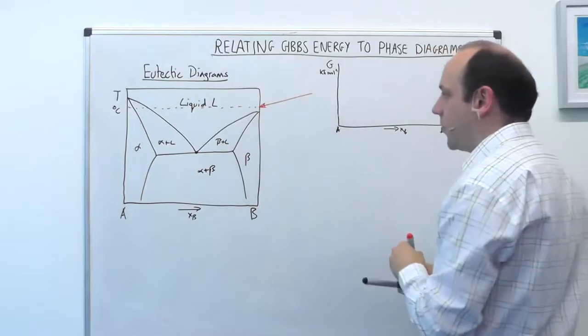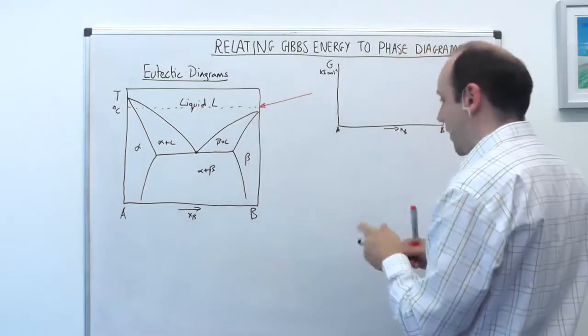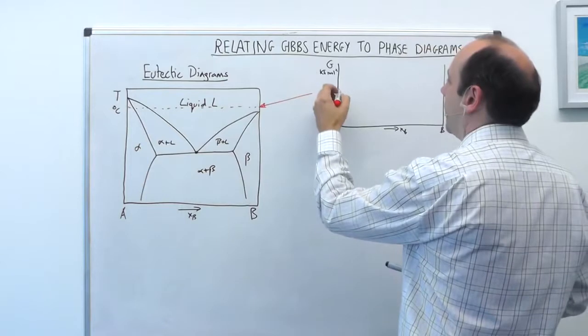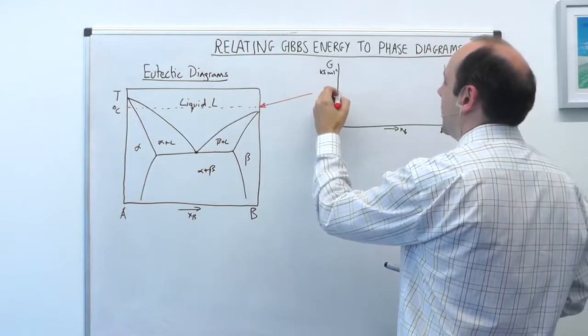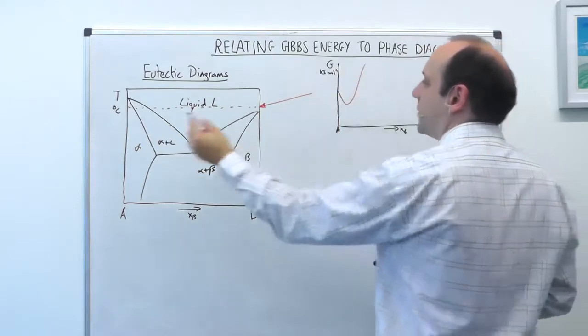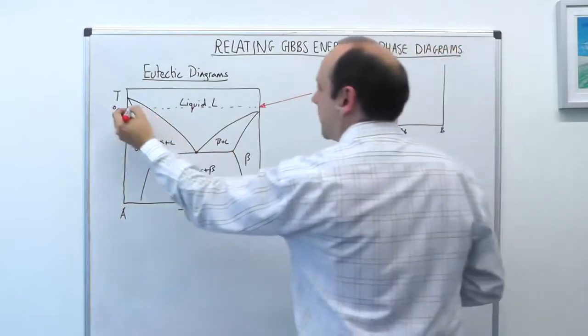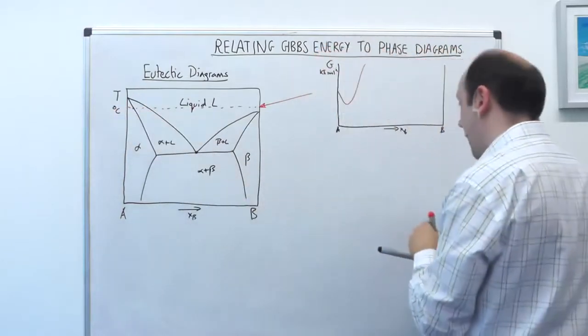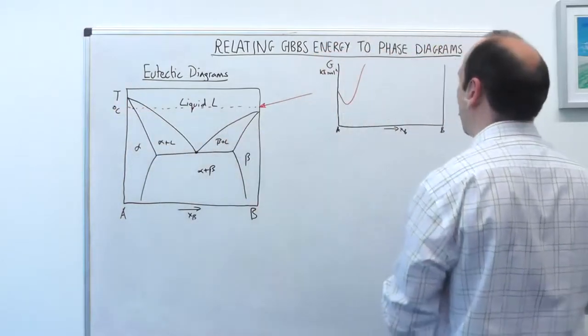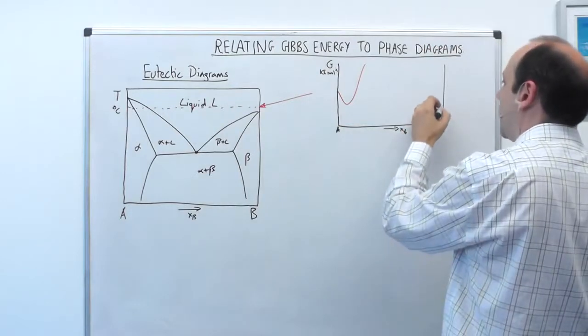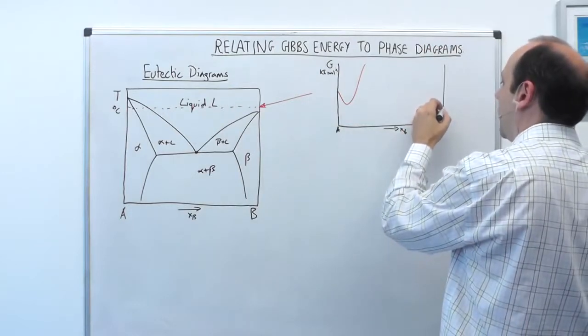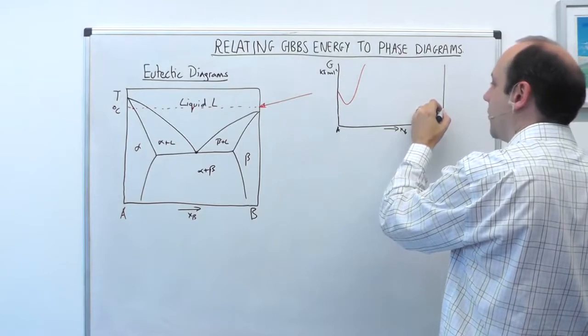And we've got an alpha phase. Let's draw the alpha phase in red. The alpha phase is the lowest energy phase at compositions up to this number here. And then we've got a liquid phase, and that's stable. That's the lowest energy phase across a whole range of compositions, most of them, in fact.